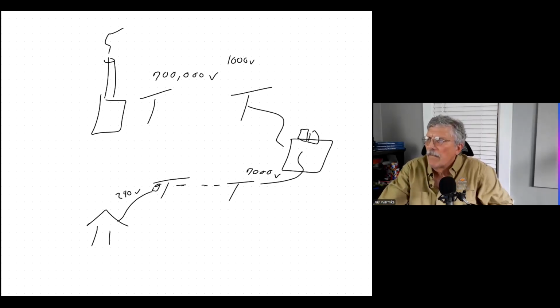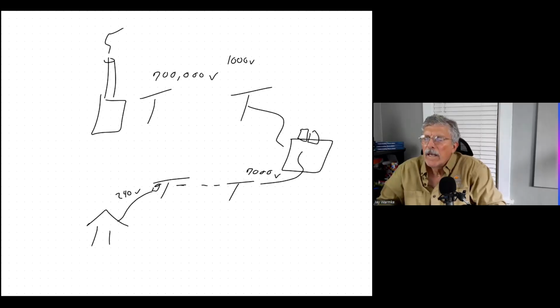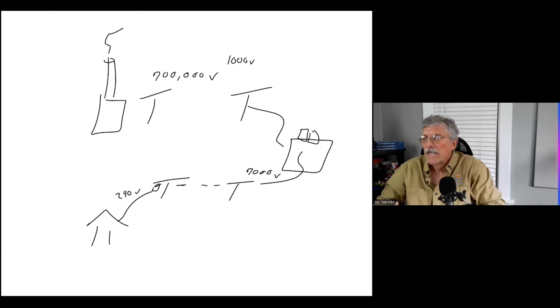So you can actually go from Illinois to New York City and only lose about 10% of the voltage that you started out at. So wind turbines in Iowa can literally power New York City without that much loss. So when they always say the wind doesn't always blow and the sun doesn't always shine, I always say, yes, it does somewhere, you know.